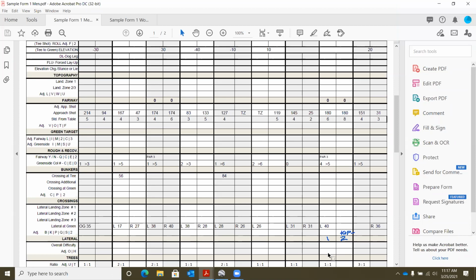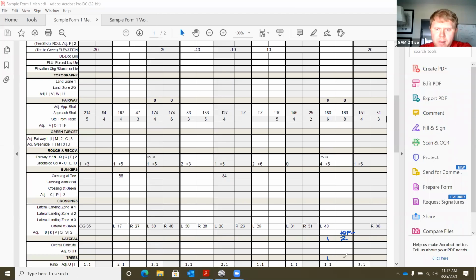And so if you go to your tree chart, you'll see there's a one-shot hole column. And for a minor problem for trees, that gets us to a value of 1. And so we'd have minor problem, minor problem.